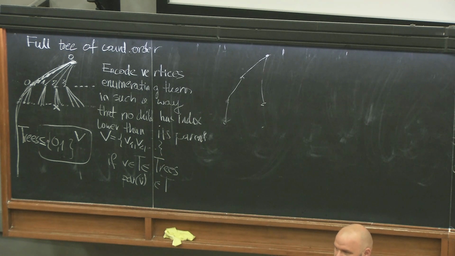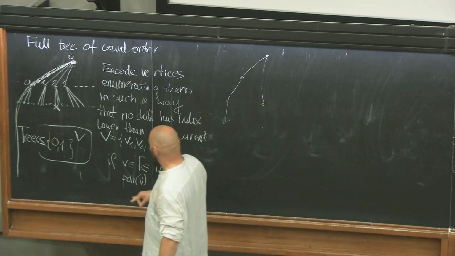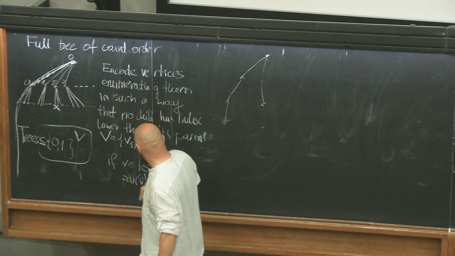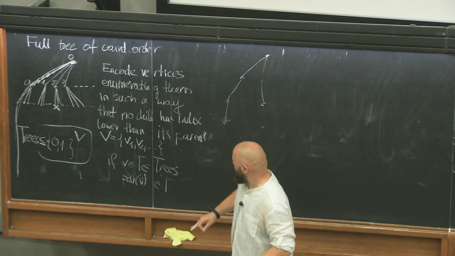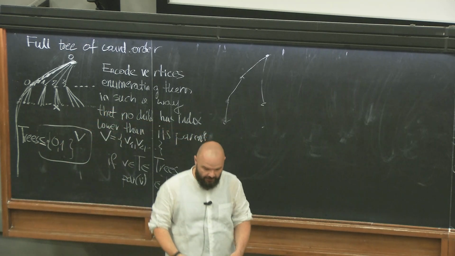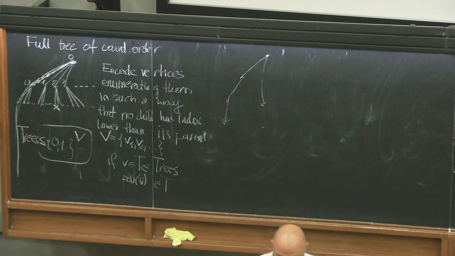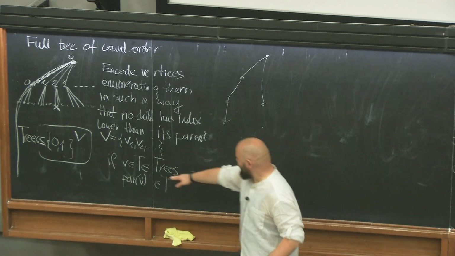Because what is happening? Assume that you have a sequence of trees, so a sequence of functions from this space which converges to something. And you want to know if this something is also a tree. So you want to test this condition.